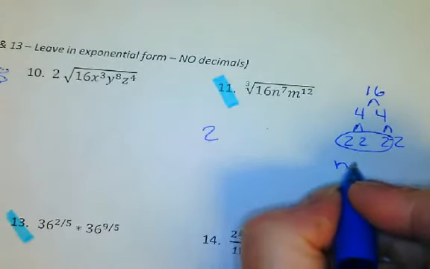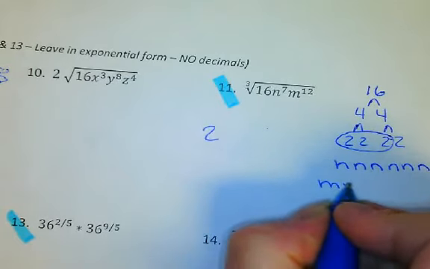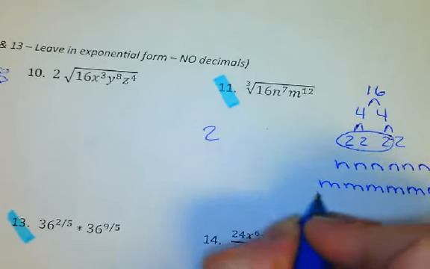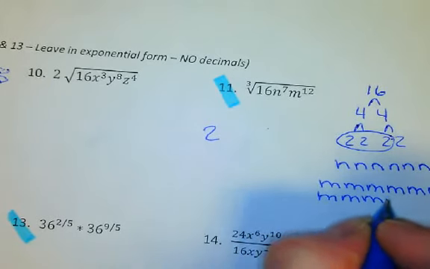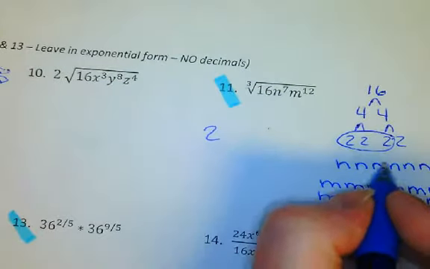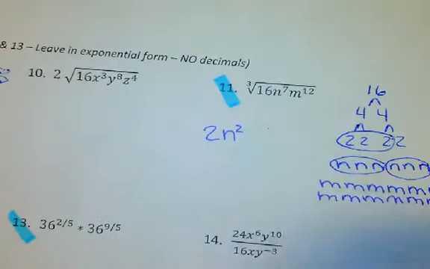Now I've got 7 n's, and I've got 12 m's. Okay, and I'm going to start making my groups. So there's one group, 2 groups, so n squared.